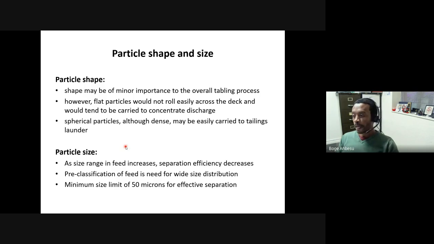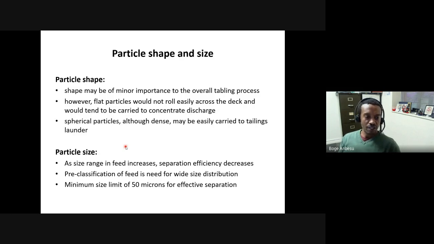In terms of size, usually when we talk about size, it's the size range we are emphasizing. For example, when my feed contains a very wide particle size range from fine particles to intermediate to large particles, it is very difficult to optimize the tabling process. So usually a narrow particle size range is what you would get an optimum performance for, and you can also optimize the process.